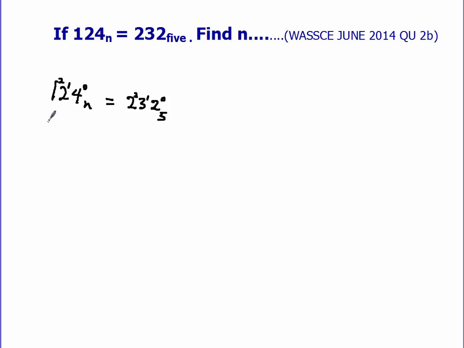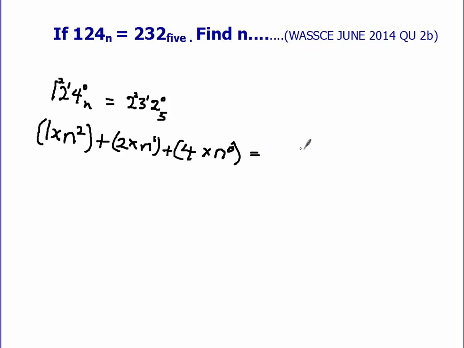Starting from the left, I have 1 times the base, which is n, to the power 2, plus 2 times the base n to the power 1, plus 4 times n to the power 0, equal to 2 times the base, this time the base is 5, to the power 2, plus 3 times 5 to the power 1, plus 2 times the base 5 to the power 0.